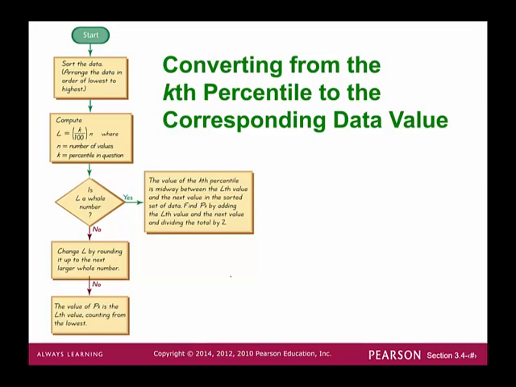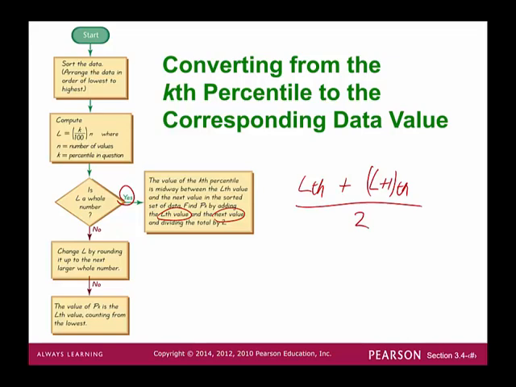And now, if the locator is a whole number, then you average the lth data value and the next value. So the lth data value plus the (l+1)th data value, and divide by 2.